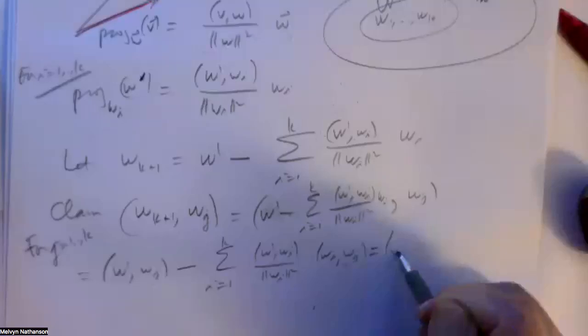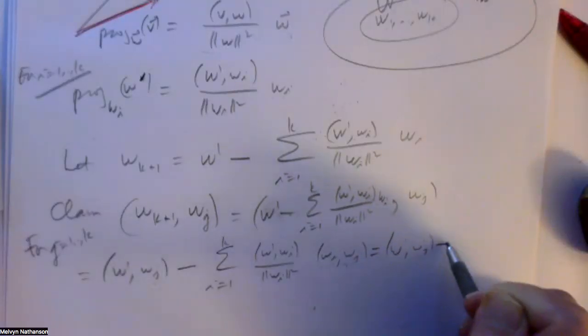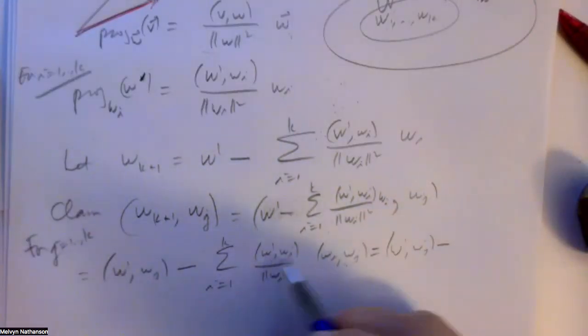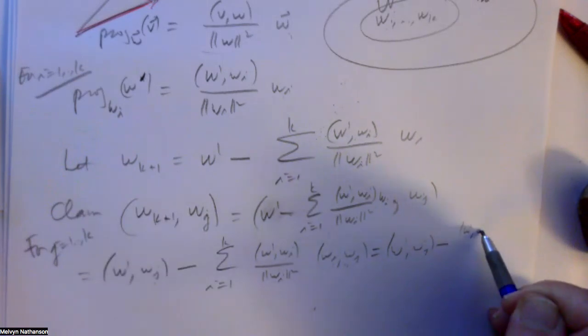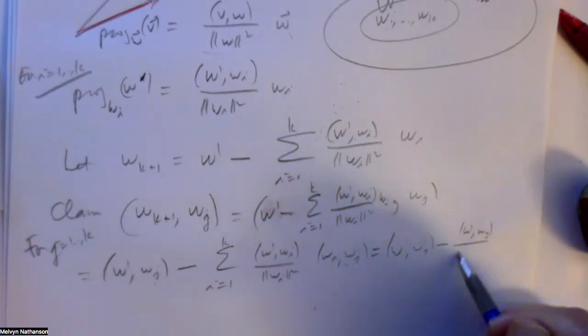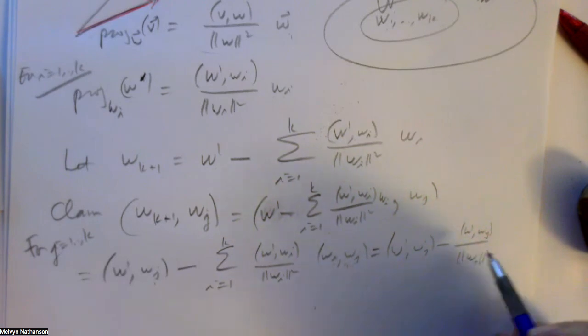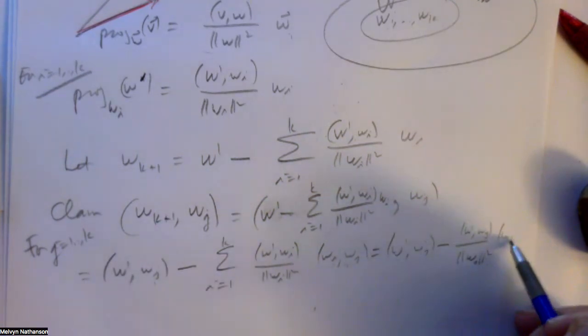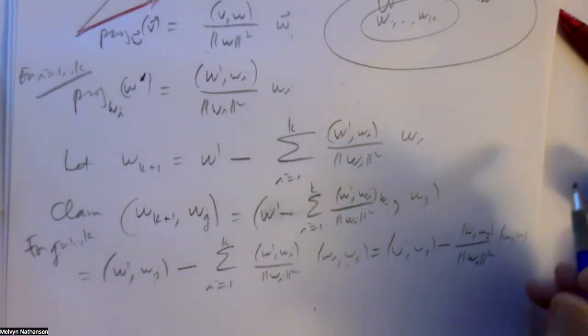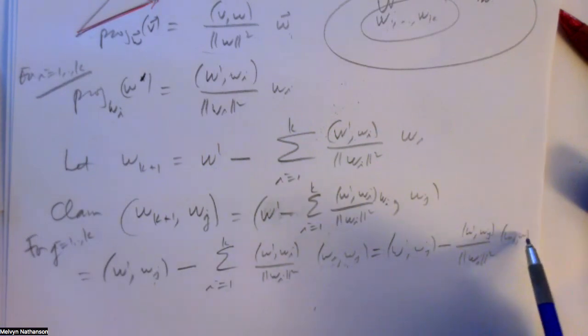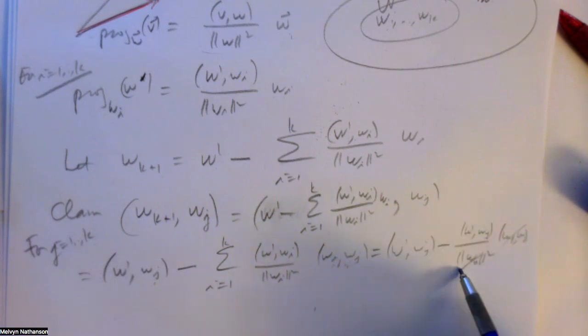So this is the inner product of W prime and W_j minus, when i equals j, the inner product of W prime and W_j over the length of W_j squared, times the inner product of W_j with itself. But the inner product of the vector with itself is the square of the length, so they cancel.